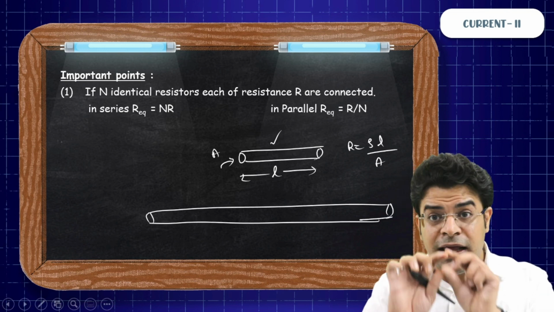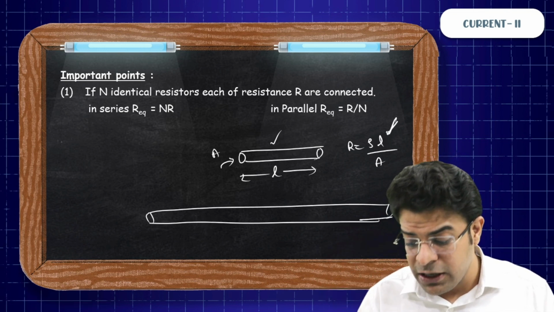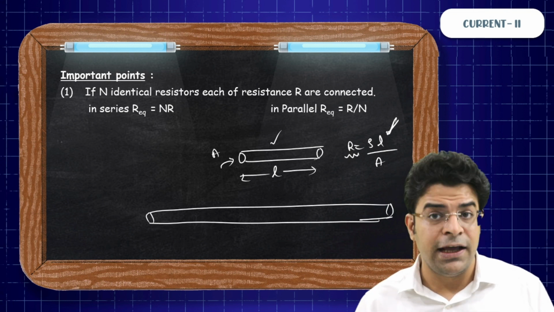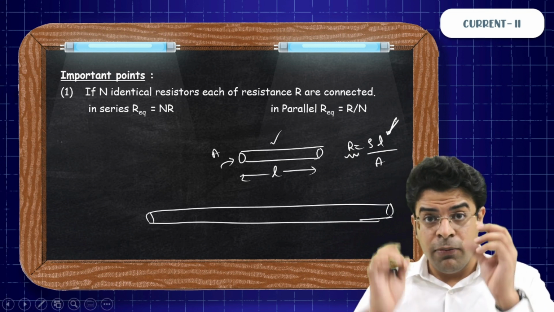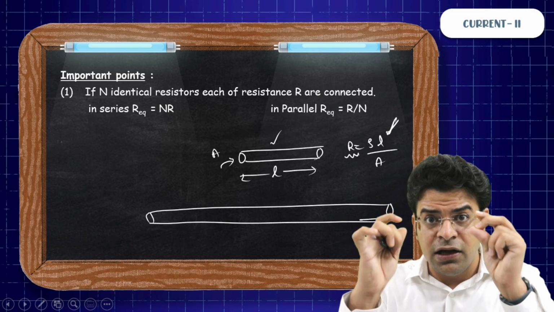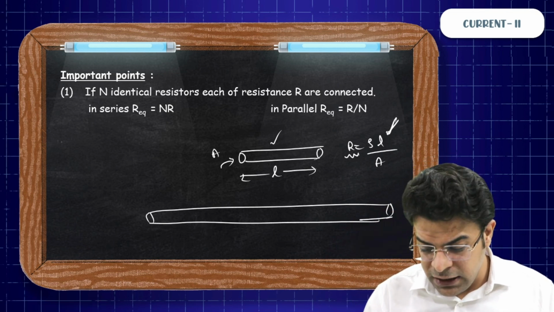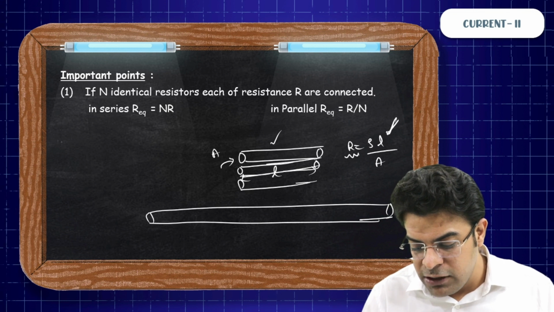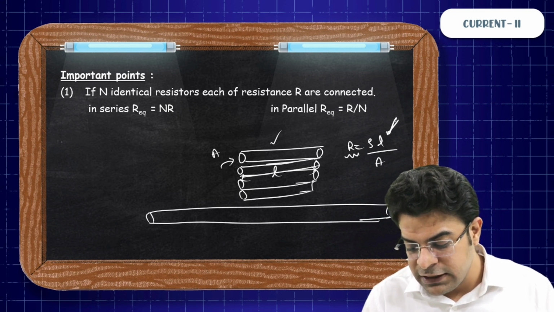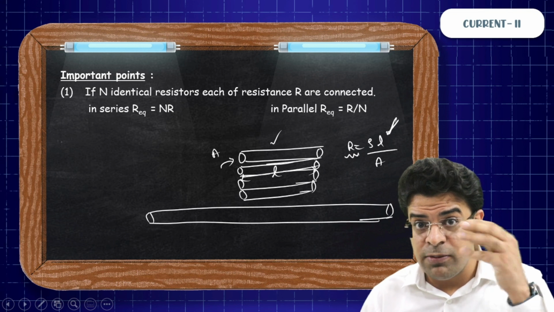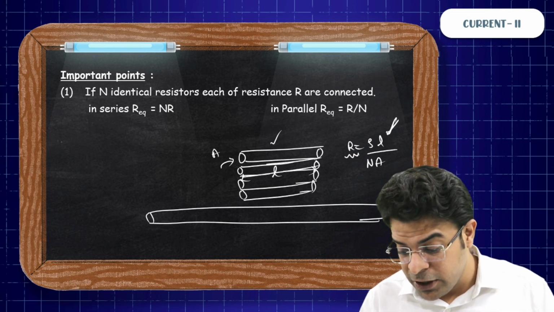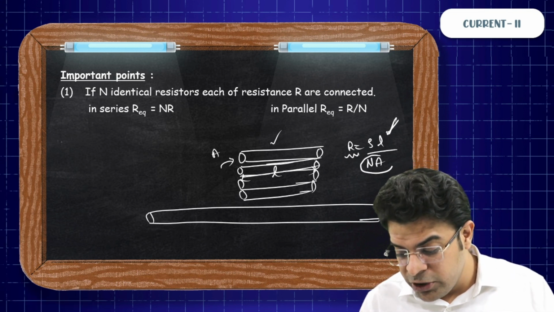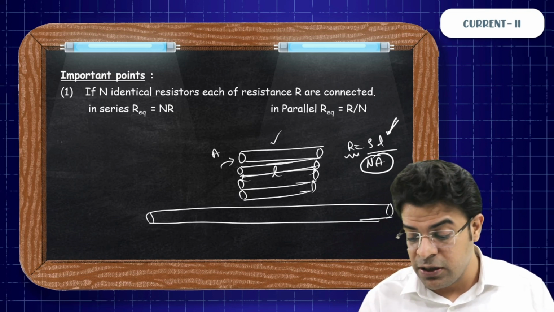If you make the length n times, the numerator becomes n times, the resistance becomes n times. And when you connect multiple such identical rods in parallel, the length of the combination remains the same, but the cross-sectional area available for flow of current becomes n times. That's why the denominator becomes n times, so the resistance becomes 1 by n times.